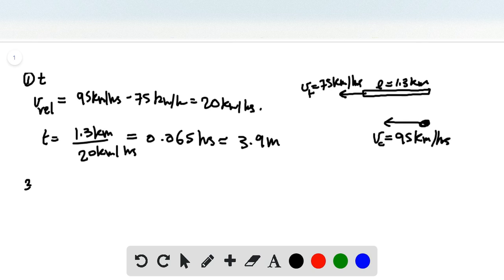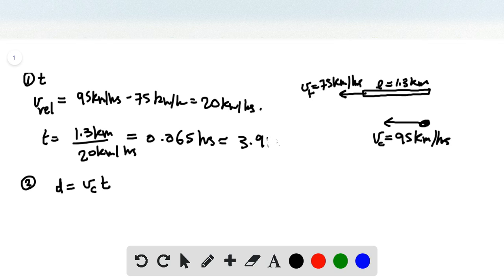The second part, it's asking how far the car has traveled in this time. So the distance traveled by the car is equal to the speed of the car times the time it took to pass the train, which is 3.9. Sorry, the unit here is wrong, my apology.